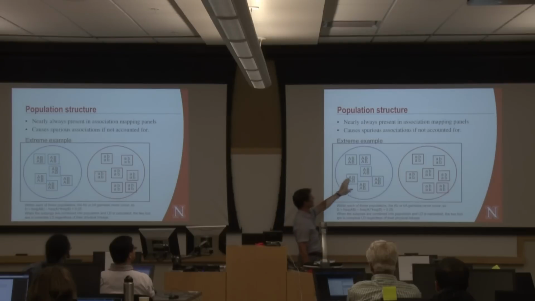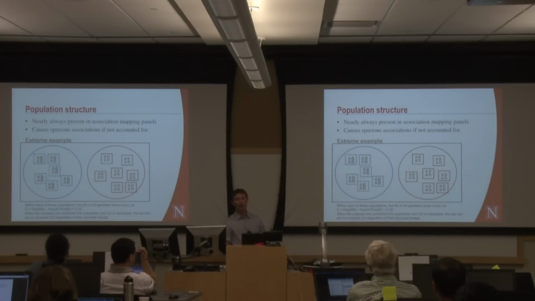We have a frequency of this haplotype of 0.5, and the frequency of the A and the B allele is 0.5. Okay, so we do the math and we get 0.25. I didn't have to invoke any sort of actual physical linkage to show this result at all. Okay, it's just purely the result of the allele frequencies being different between the two subpopulations. And if we treat them the same, you get these two loci in LD with one another.